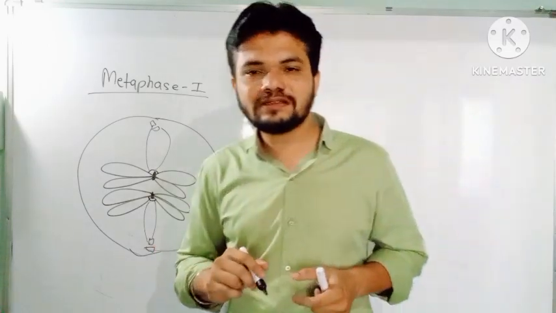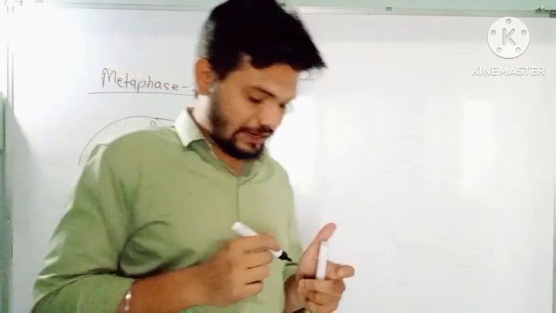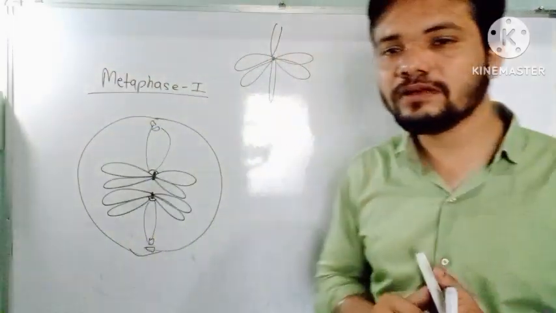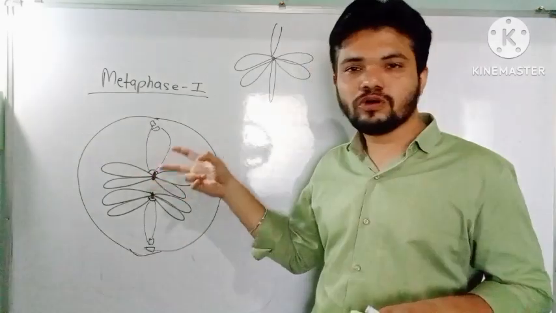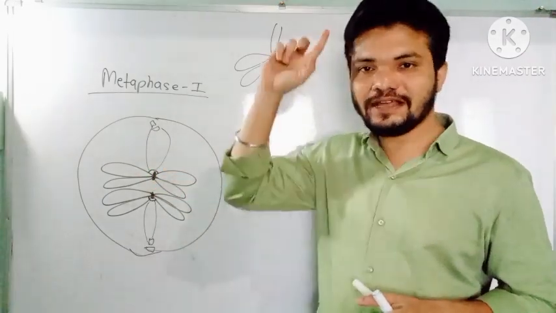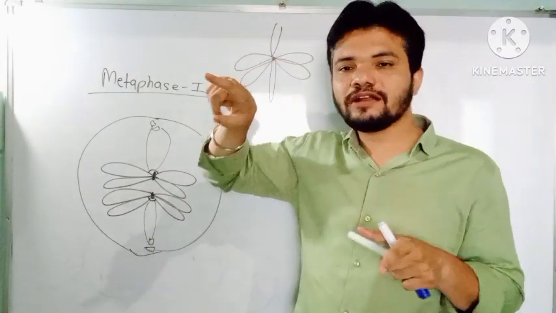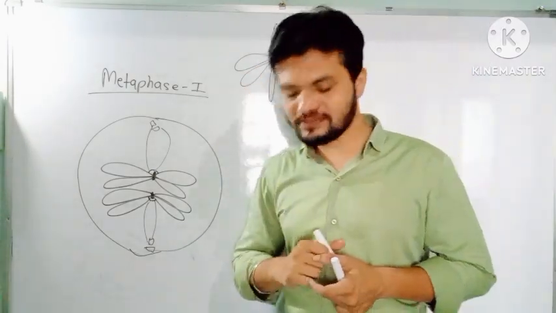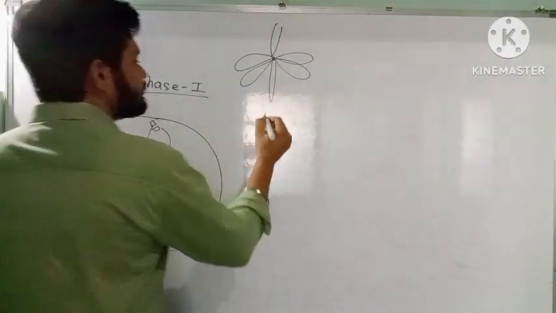So this is the difference between mitosis and meiosis metaphase. I hope it is clear, because here we have to separate two homologous chromosomes, and there in mitosis we were separating two sister chromatids. That is the difference. So let's see what happens in the anaphase.